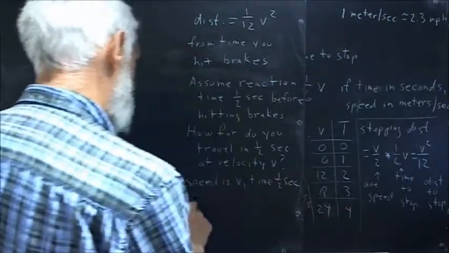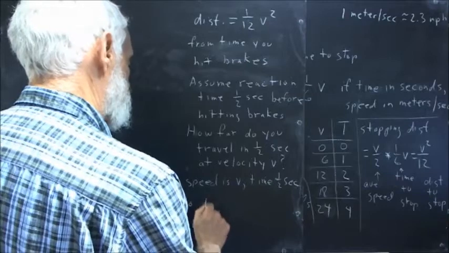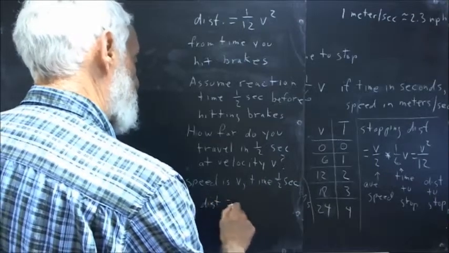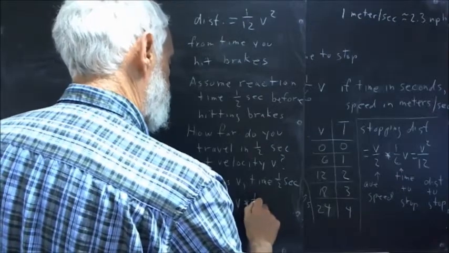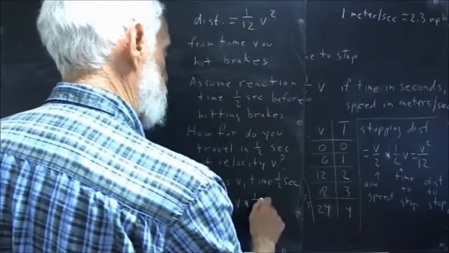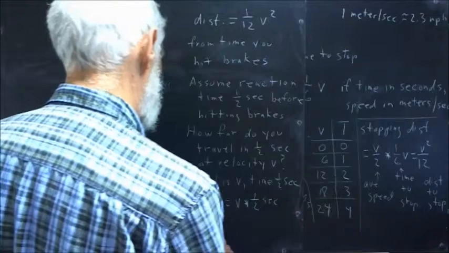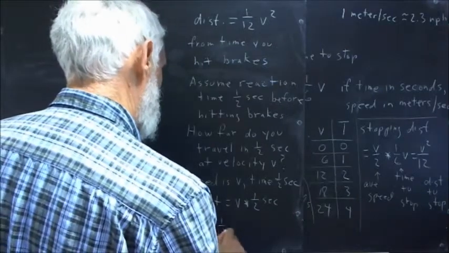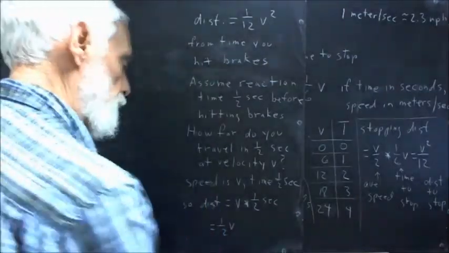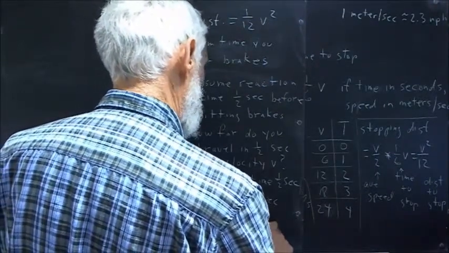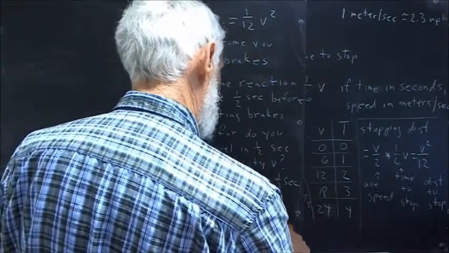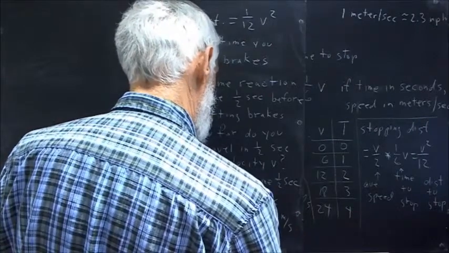Time is 1/2 second, so distance is v times 1/2 second, and that's 1/2 v if v is in meters per second, time in seconds.